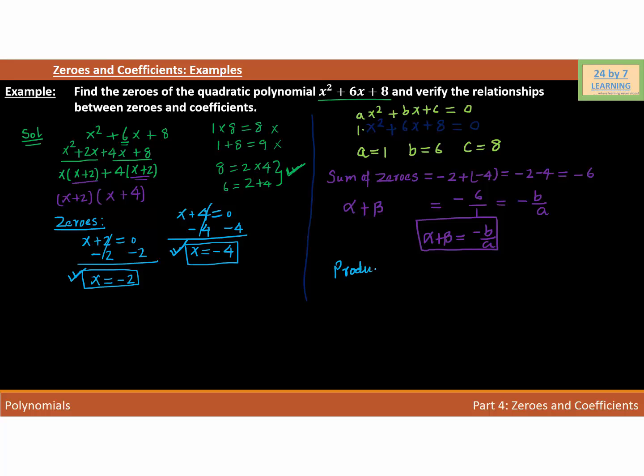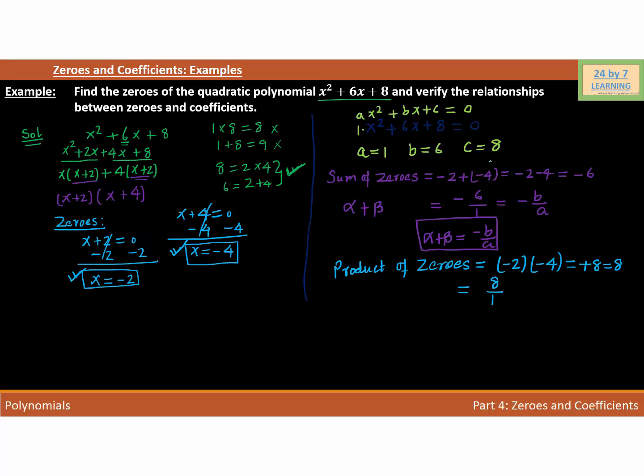Now let's find the product of the zeros. My first zero is negative 2 and my second zero is negative 4. So I will multiply negative 2 times negative 4, and if you multiply two negative numbers you get a positive number, and 2 times 4 is 8. So I will get positive 8, which I can write as 8 over 1.